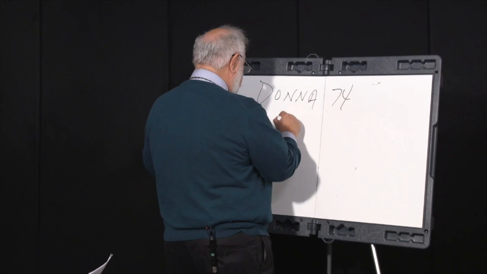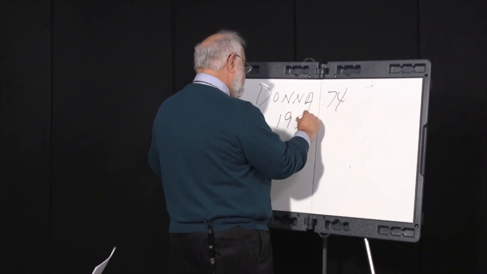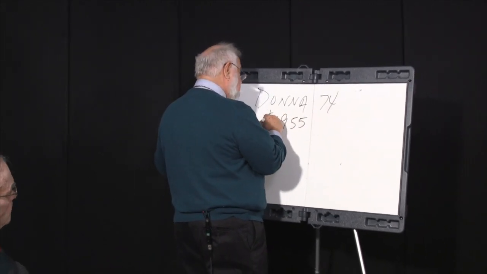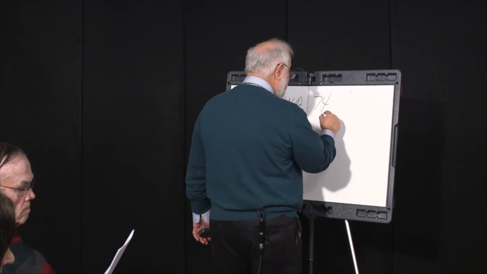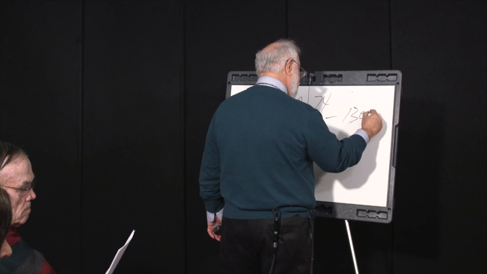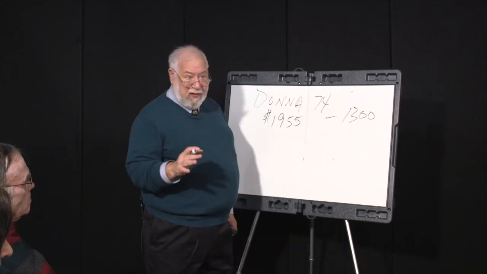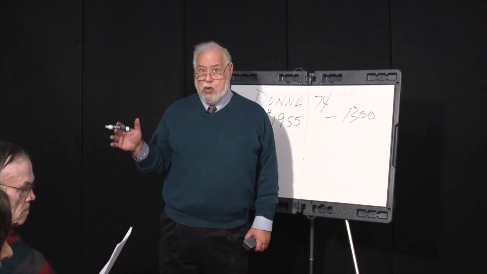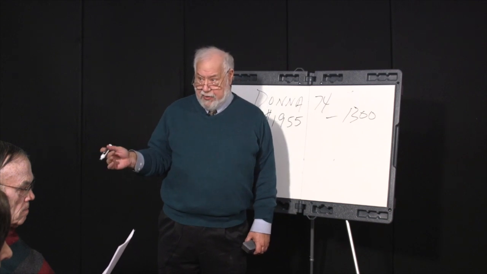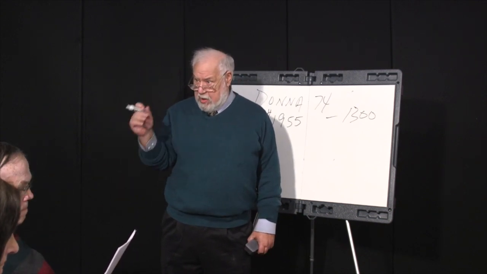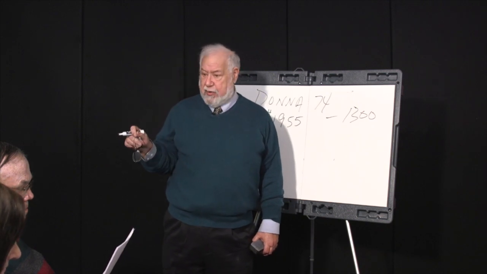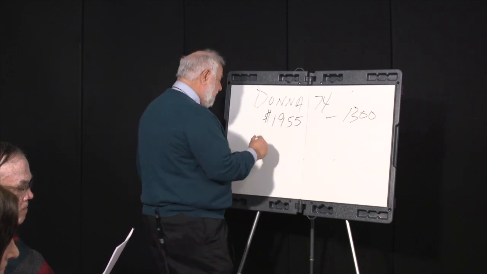Okay, she got 1955. What was hers? What did she lose? By virtue of her husband dying, she lost $1,300 of her income. So she went from a fairly comfortable retirement to serious jeopardy because she still has a mortgage on her house in Stow. How much is that mortgage? $1,255.